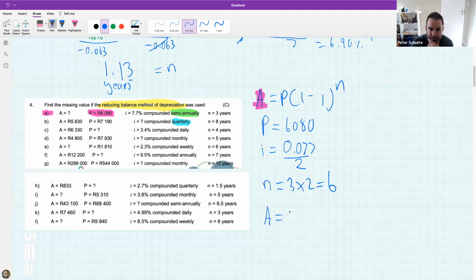And so what is this going to be? So what do we have for that?